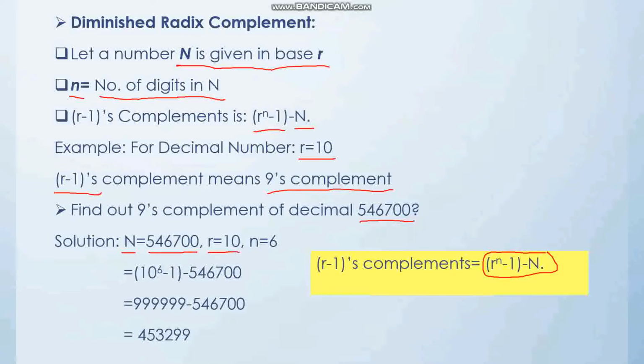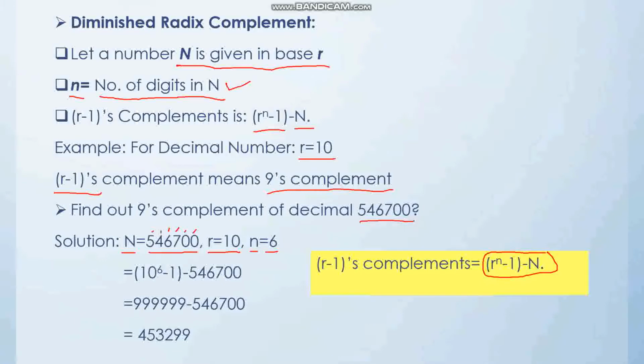What is the value of r? We are working with the decimal number system, so radix is 10. Small n is the number of digits in N. How many digits are here? 1, 2, 3, 4, 5, 6. So the value of small n is 6.